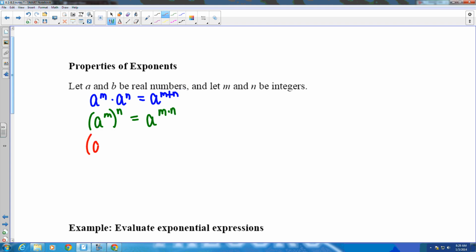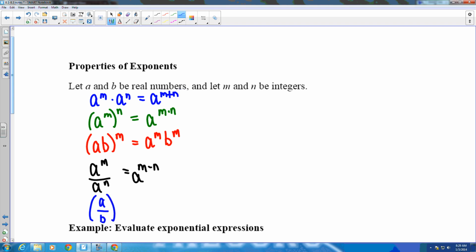If we have a product and we raise it to a power, then we distribute that power to everything in our parentheses. If we have a quotient, we subtract the exponents if we have like bases. And if we have a quotient, the whole thing being raised to an exponent, we distribute that exponent into everything, including the bottom.